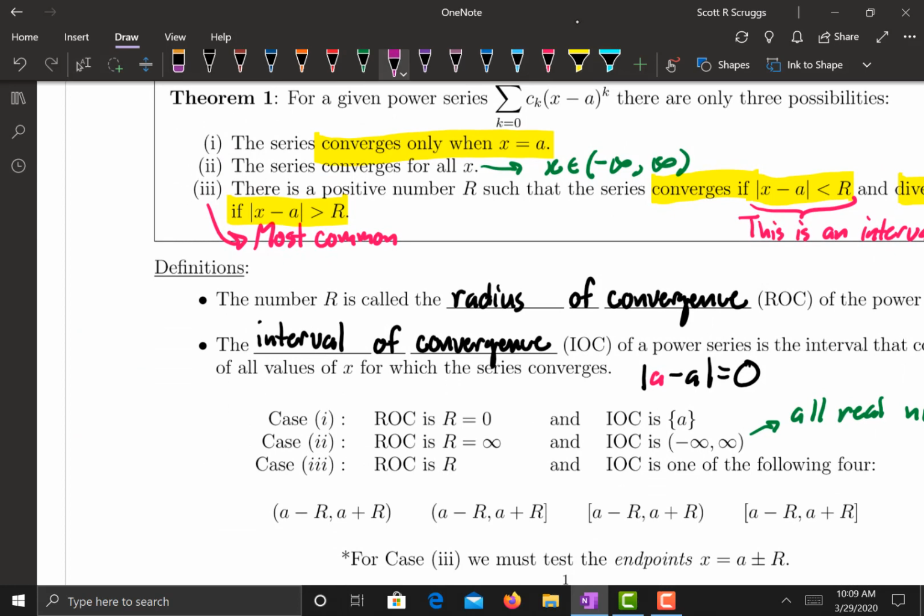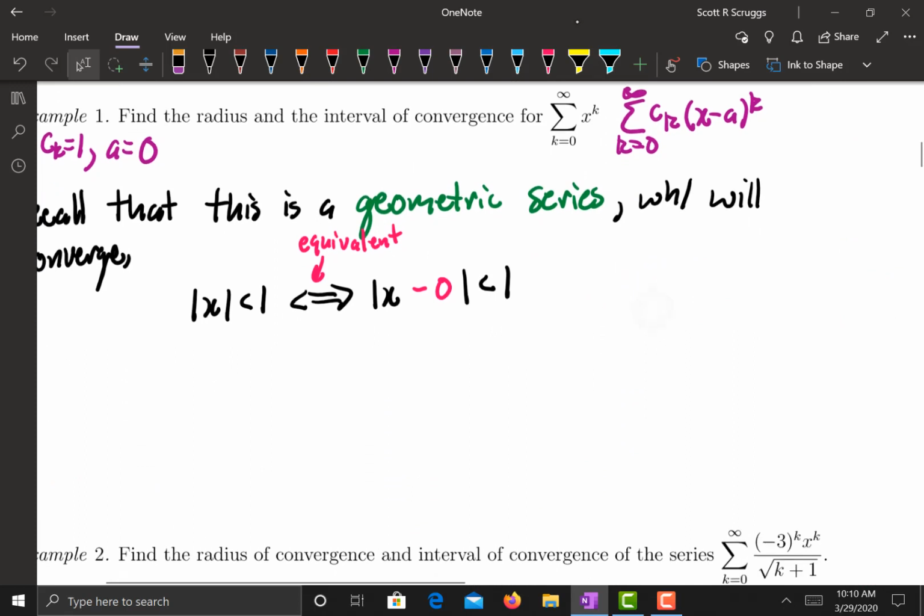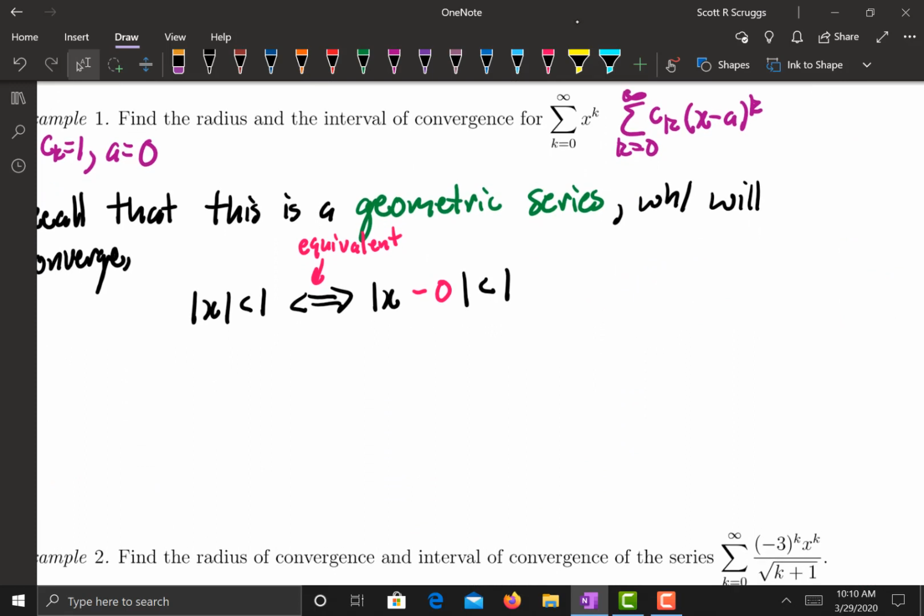I converge when the absolute value of x minus the point that I'm centering at is less than some constant. And now, in example 1, I have x minus the point that I'm centering at less than some positive number. So in this case, my radius of convergence will be 1.